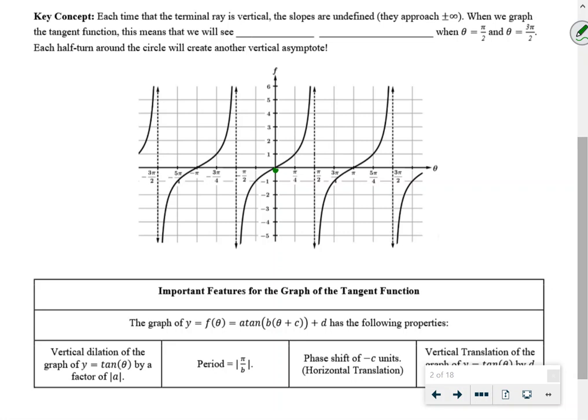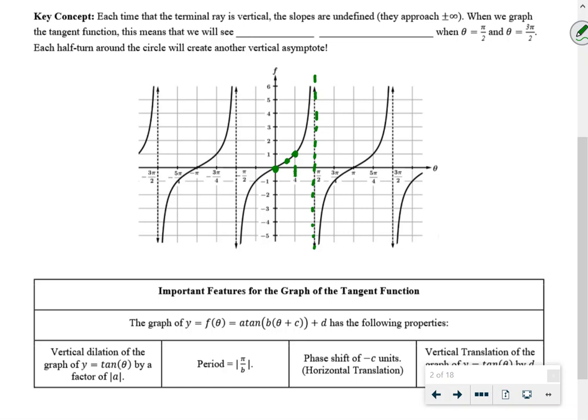When you're at 0, I got 0. When we are at 45 degrees or pi over 4, I got 1. For 30 degrees, I got 0.57 somewhere here. When you get to pi over 2, we are getting undefined, so you are getting a vertical asymptote.